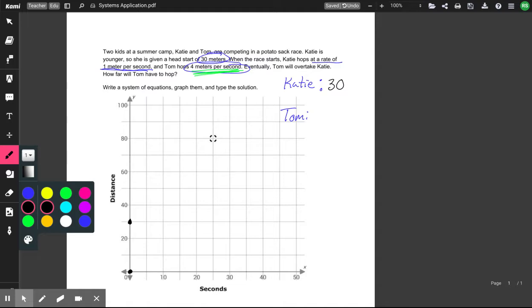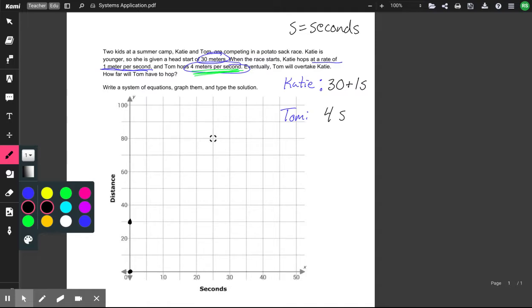Now, Katie's speed is only 1 meter per second. So I'm going to say 30 plus 1s, because she's going 1 meter per second. S will be for seconds. Now, Tom, he's traveling at 4 meters per second. So that's going to be 4 times S for 4 meters per second.